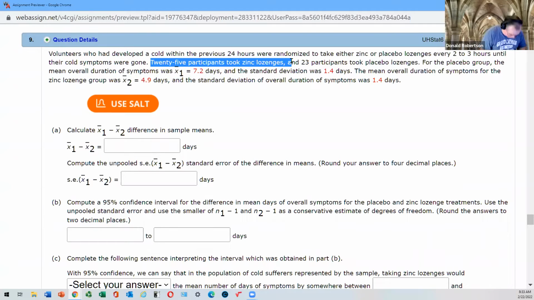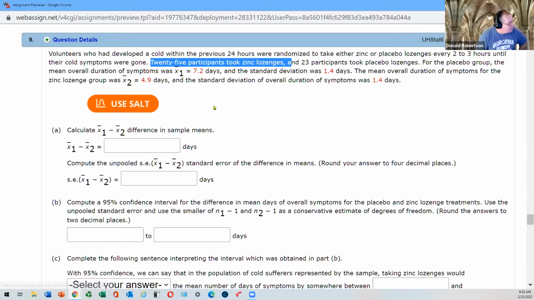And 23 took the placebo. So that's the other group. For the placebo group, the mean overall symptoms was 7.2 days. Well, that's a long time to have a cold. And the standard deviation for them was 1.4.